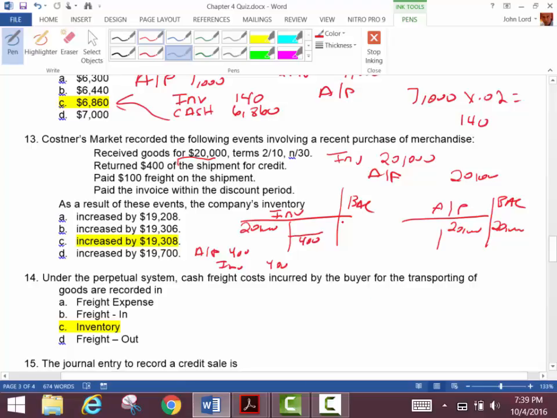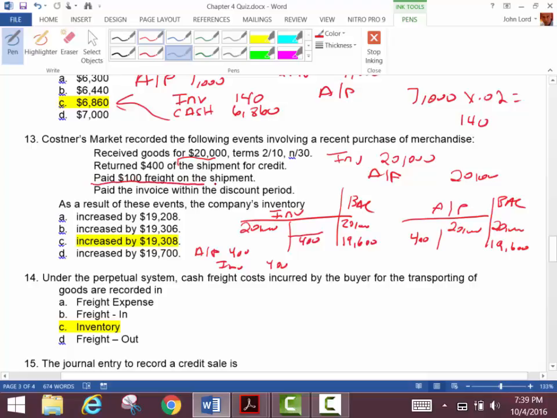And now the balance, it was 20,000. Now we're down to 19,600. Okay, and we debit the accounts payable, 19,600. Good.